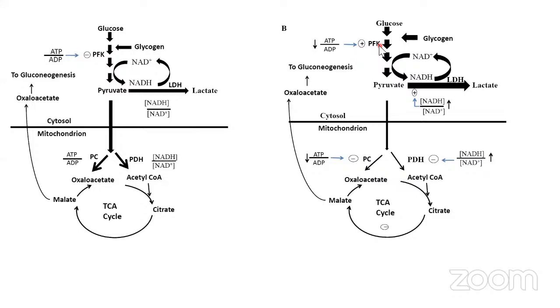hypoxemia and hypotension, when phosphofructokinase is activated, you end up, yes, going through the glycolysis pathway, forming pyruvate, but here we also have an increase in NADH compared to NAD, and therefore the net effect is taking the system to form lactate, again, lactic acid at the end of the day.